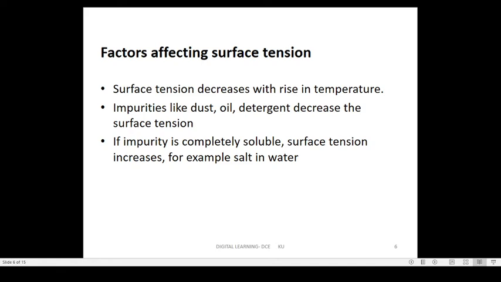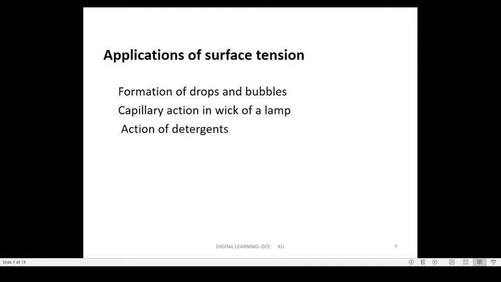Therefore, in brief, rise in temperature decreases the surface tension. Addition of impurities also decreases the surface tension, but addition of a soluble material like salt increases the surface tension.